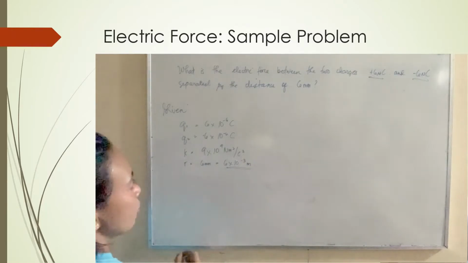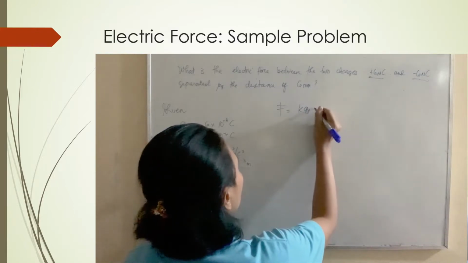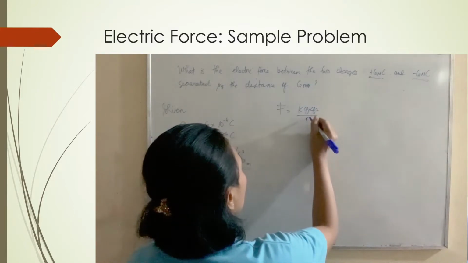Okay, so our formula here is F equals K Q1 Q2 over R square.